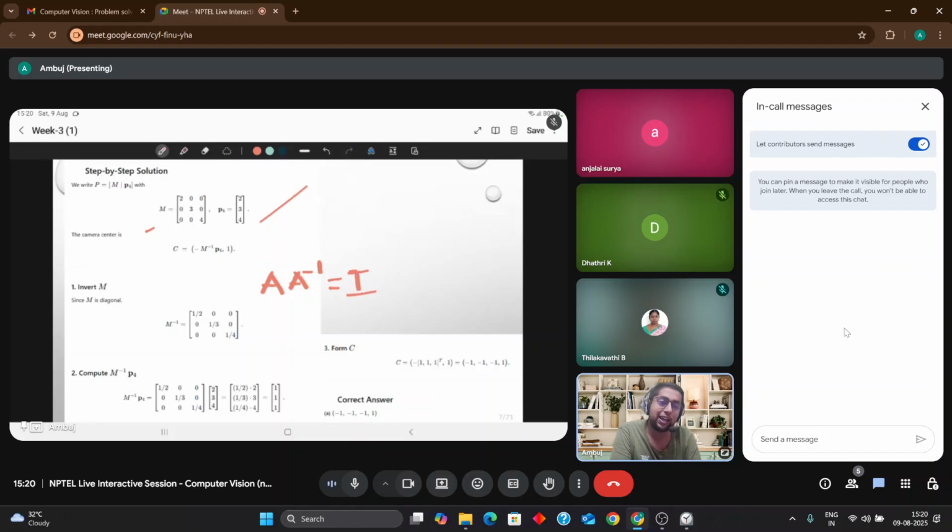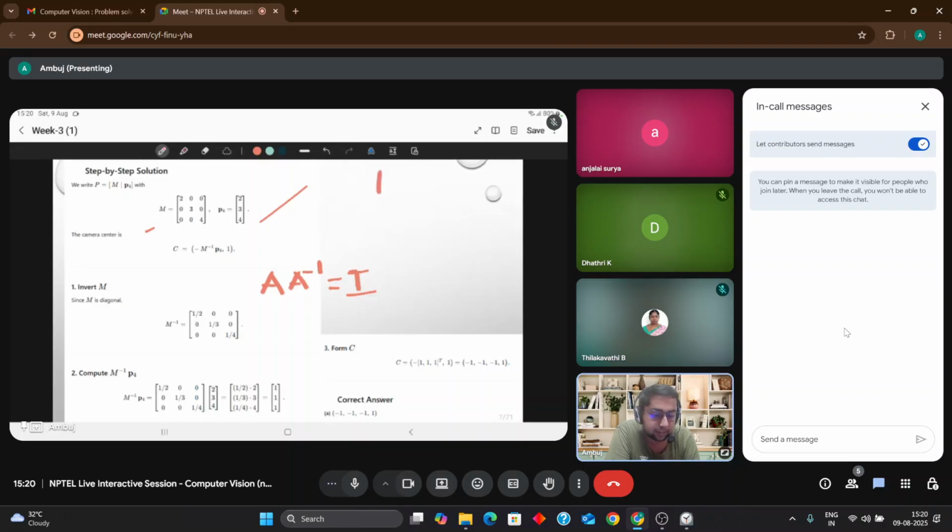Since this particular matrix is only diagonal, I will just invert the remaining elements, meaning I will make them fractions.